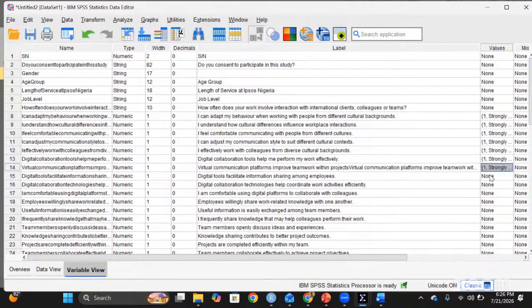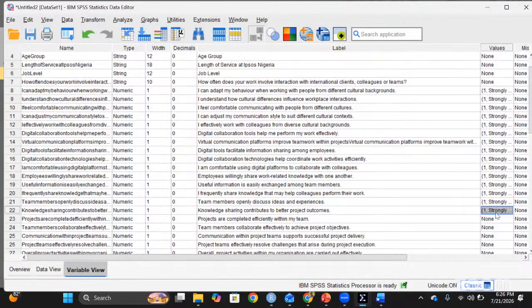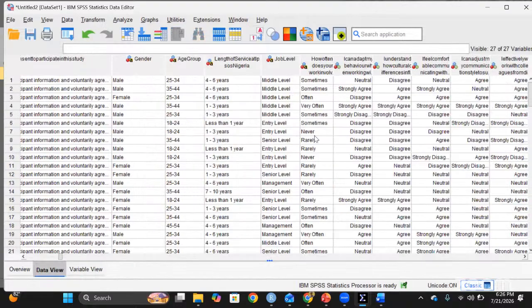The question that would be on your minds is that since we have said one is strongly disagree, two is disagree, three is neutral, and we want to add together, how are we going to add these value labels together? Actually, what we have just done is what we call case holding. We have just told SPSS that whenever you see one, it should be strongly disagree.